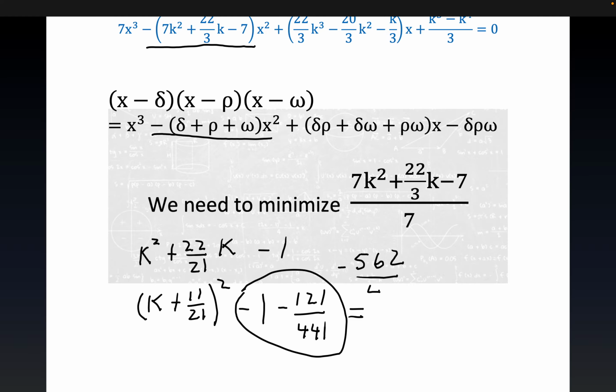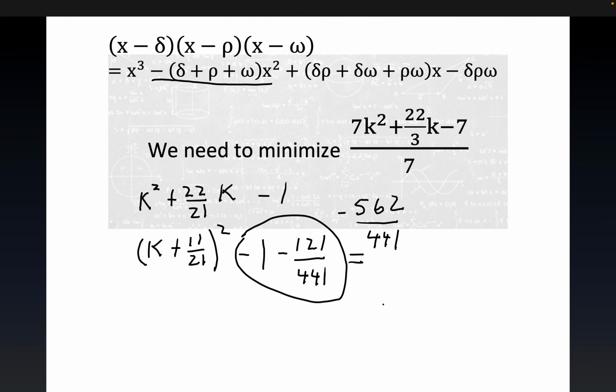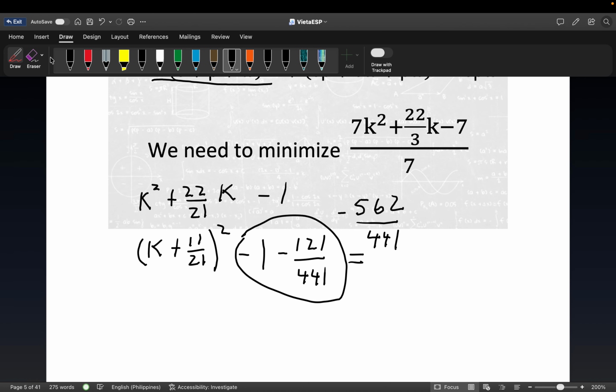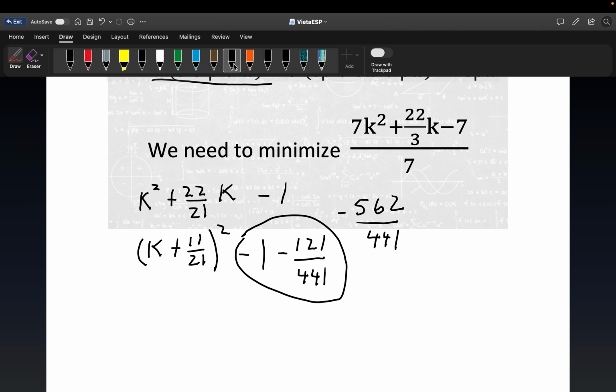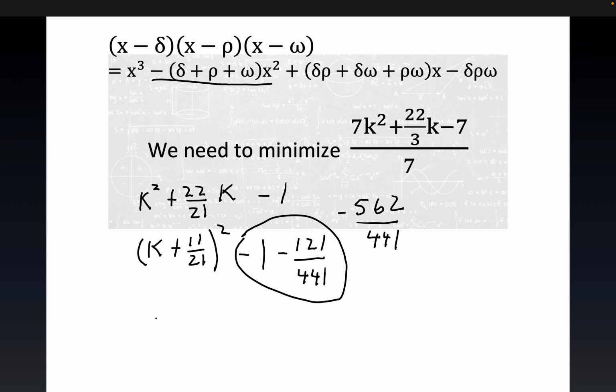Now this is a little sloppy the way I've written it here. Really the equals doesn't belong. But notice that if we choose k equal to, let me see if I can make some attempt to erase that. Let's erase this right here. Okay, now, when k is equal to minus 11 over 21, and this is taught in high school algebra, college algebra, middle school algebra, that would make this part 0, right?